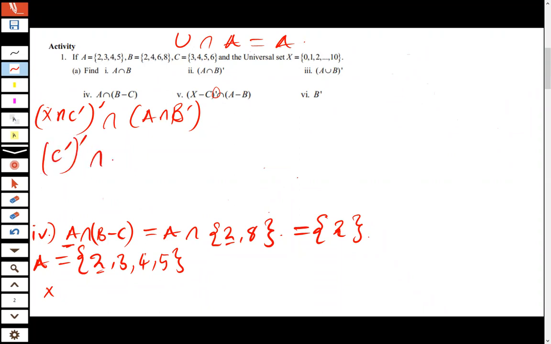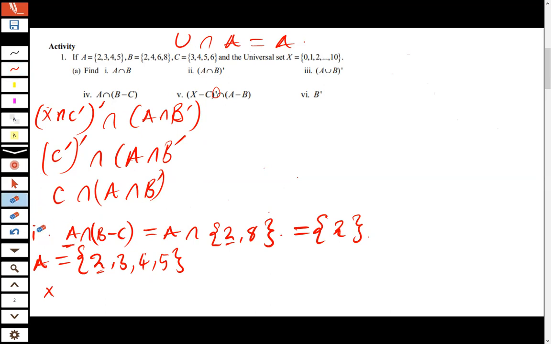And then there's a complement outside C, so this complement can also cancel with that. So we just have C intersection A intersection B complement. Oh sorry, the complement is supposed to be inside, not outside. So even there, the complement is supposed to be there.